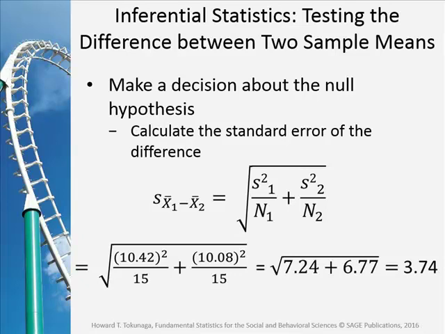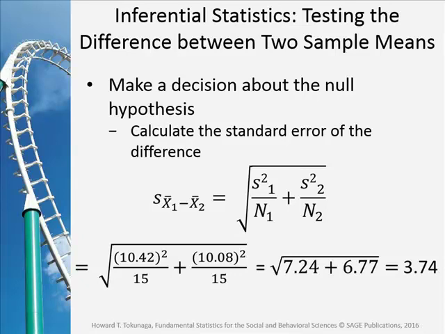It's not that bad. Because, remember, what we have here with our subscripts, we have the standard error of the difference. Remember, that's the name of our second curve that we put on top, right? It's a difference curve. So we have to compute the standard error from the difference.